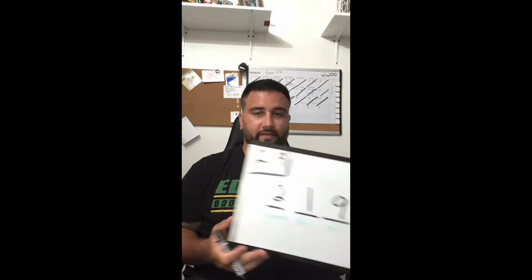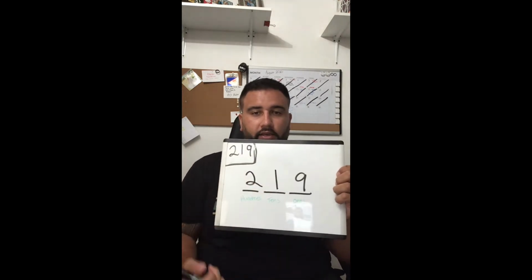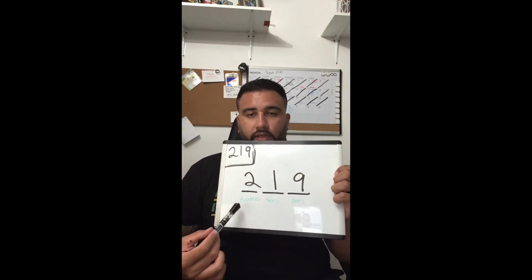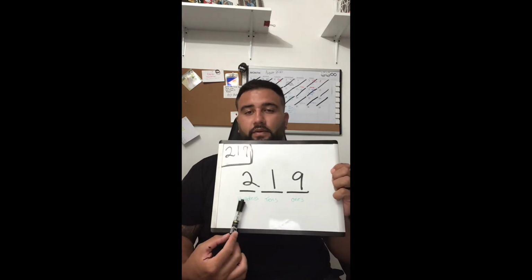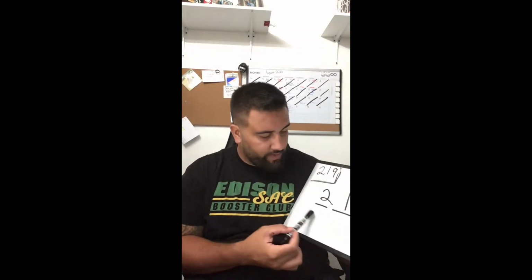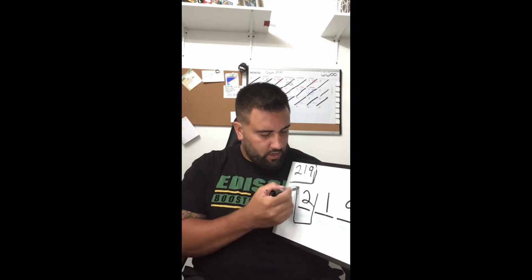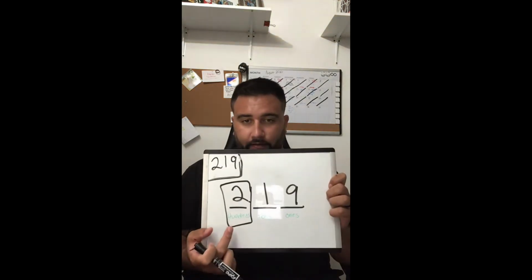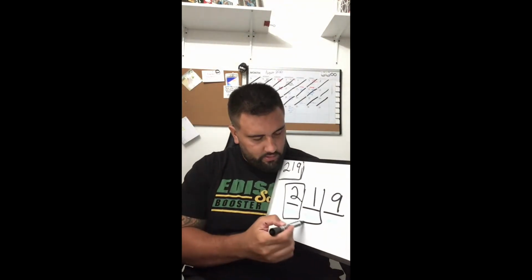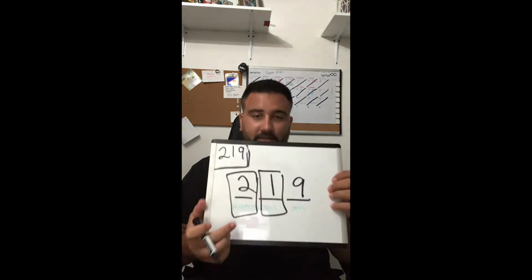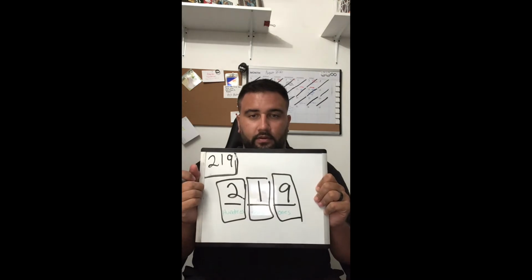There's 3 spots we can fill as 219, right? Now we can see there's a third digit, which means the hundreds place value is being occupied, right? So we know our 2 is in the hundreds value, our 1 is in the tens place value, and our 9 is in the ones value, right?